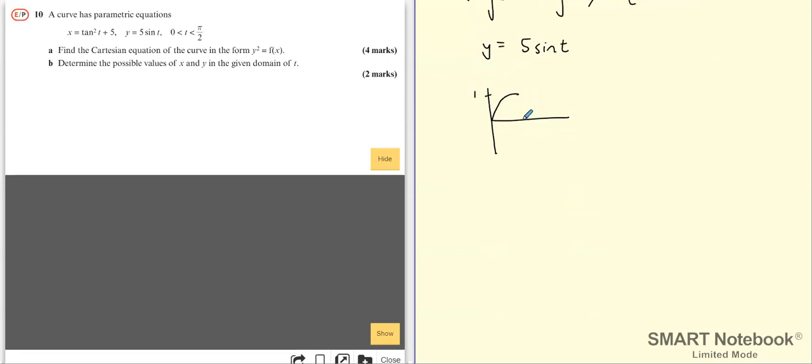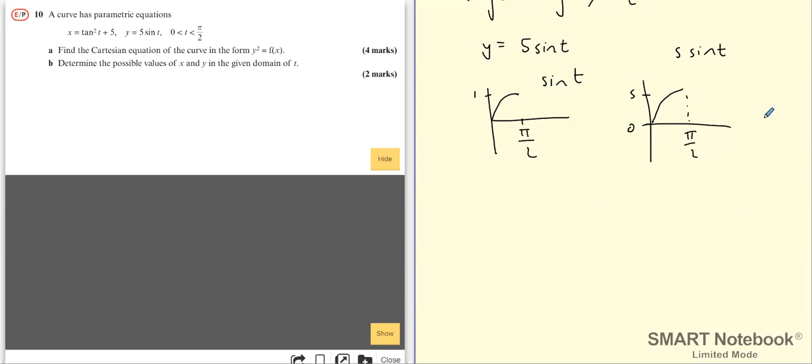There's 1 and there's pi over 2. And so my next thing I'm going to do, so this was sine t. And if I think about 5 sine t, multiply y values by 5, this is still pi over 2.